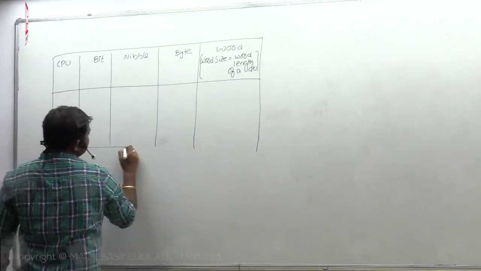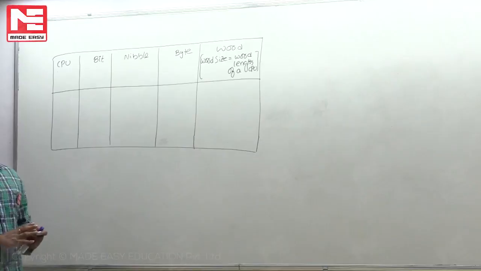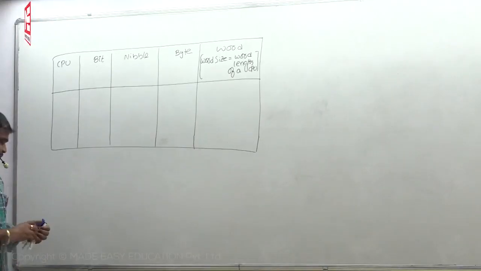So in the CPU, binary data is referred in 4 forms: bit data, nibble data, byte data, word data.